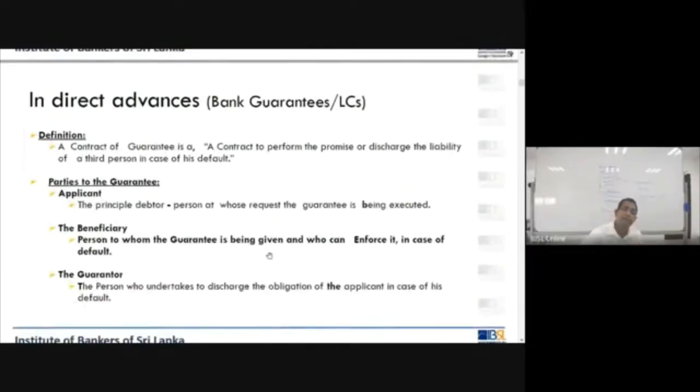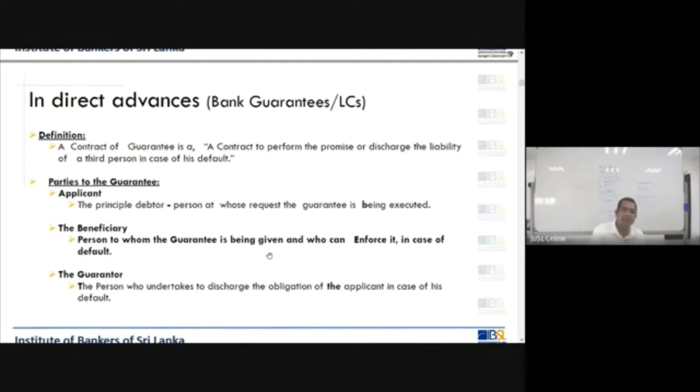Indirect advances, again the same thing. Definition is same, but why I have put indirect advances again? We have three parties: the applicant, beneficiary, and the guarantor. Right? Applicant is the customer who requests the bank to guarantee on behalf of him or her.